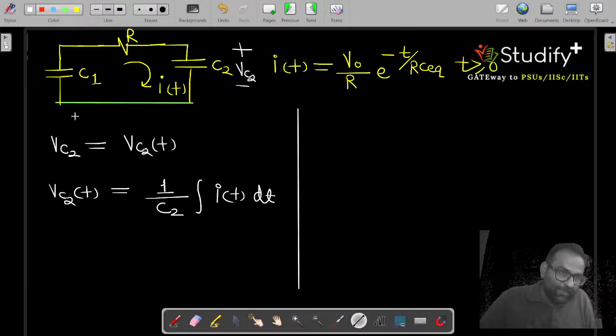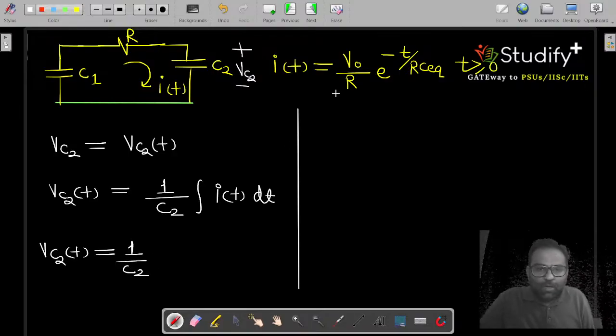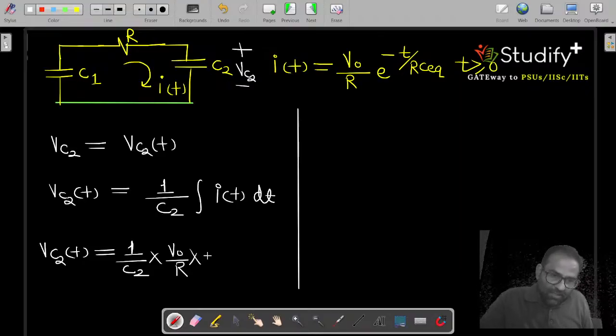Can I say VC2t is 1 by C2 integration of this? I naught is V0 divided by R. And what is the integration of this?